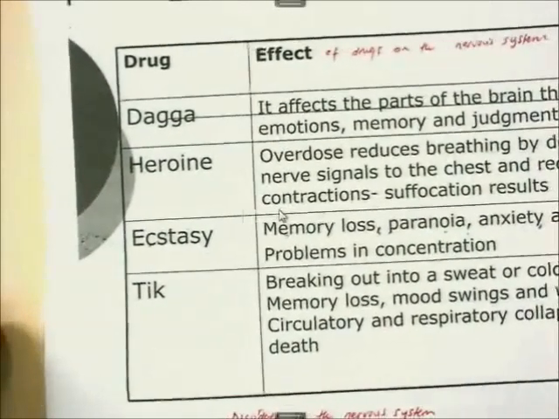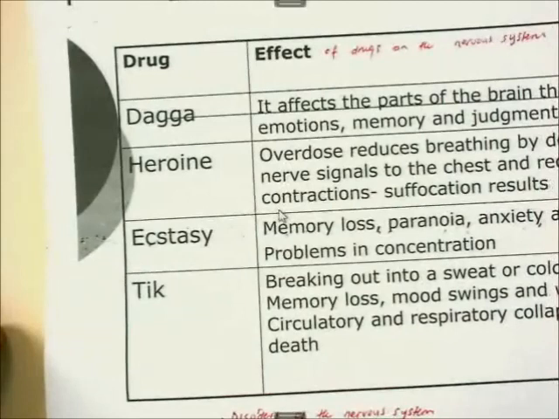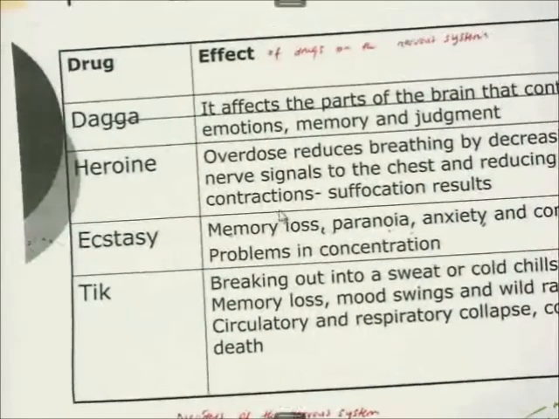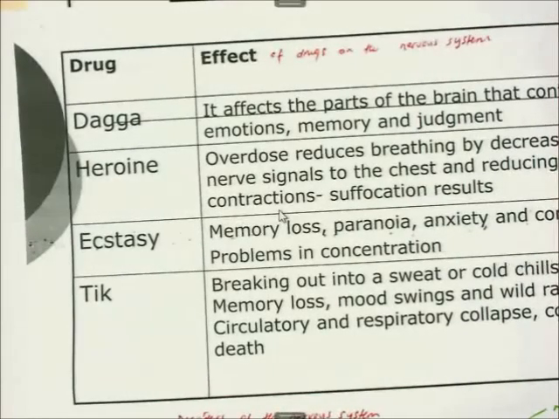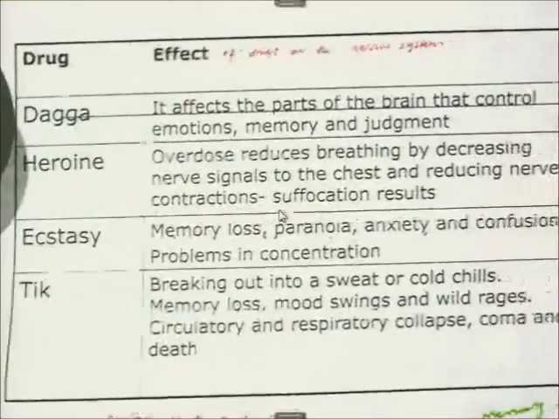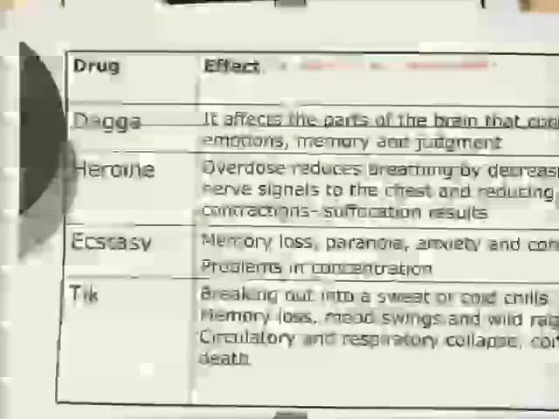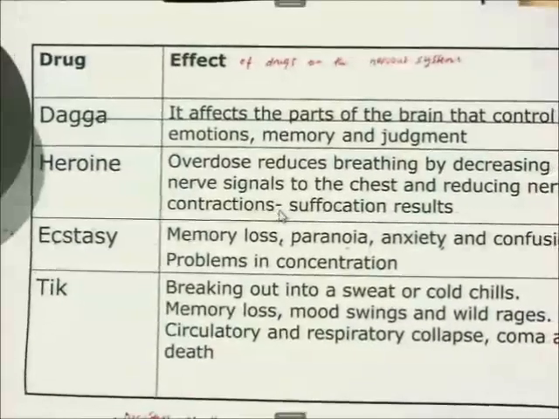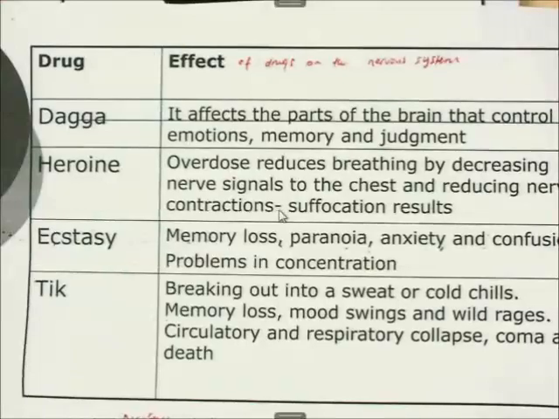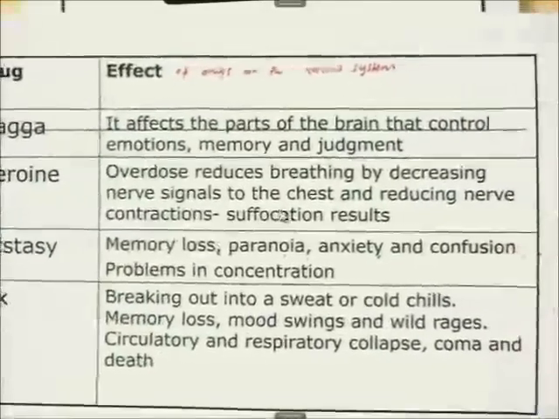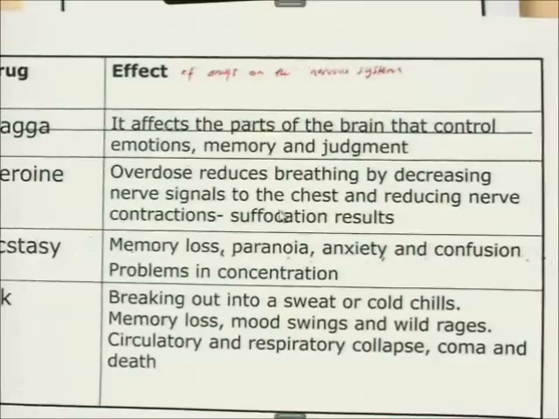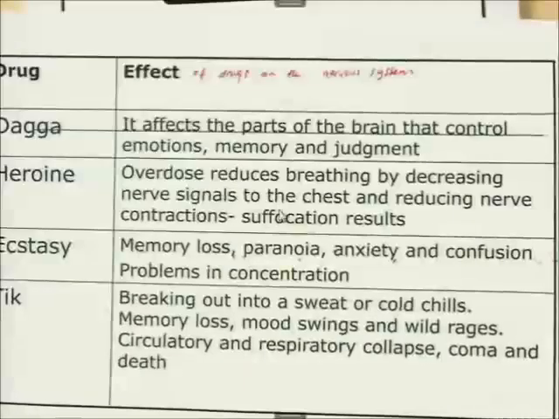So there are a number of drugs that we need to study in our syllabus. The first one is dagga. So how does dagga affect the nervous system? It affects the part of the brain that controls emotions, memory, and judgment.